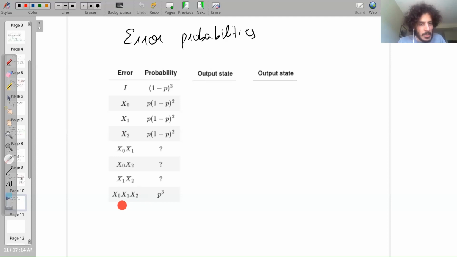Each of them has some associated probabilities. And for the output state, we just have to think about the basis states, 0, 0, 0 or 1, 1, 1. If there's no error, then my output state will be 0, 0, 0.